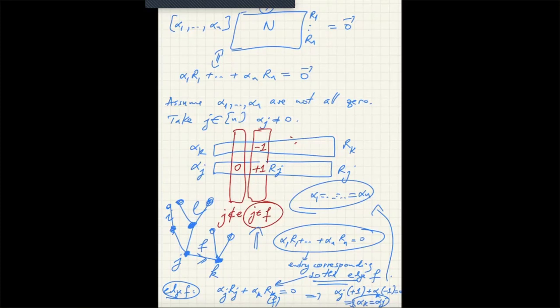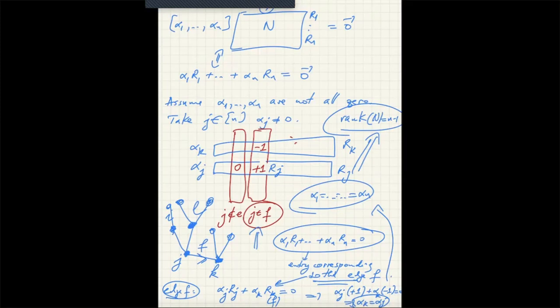So that tells you that the dimension of the row space has to equal n-1. There are no other possible linear combinations of these rows that give you 0. So from here you get that the rank of N equals n-1. And once you know that the graph is connected, the rank is n-1, the reverse implication is easy. So I'll leave that as an exercise.